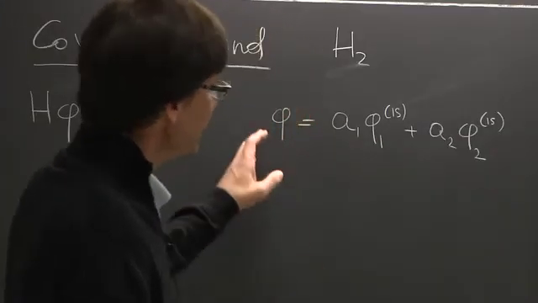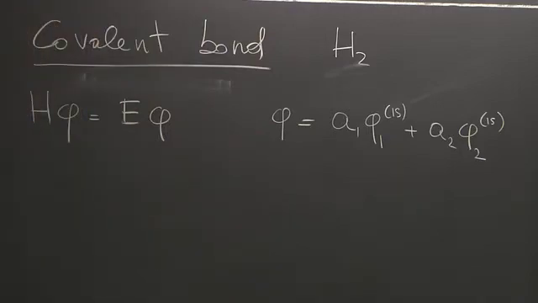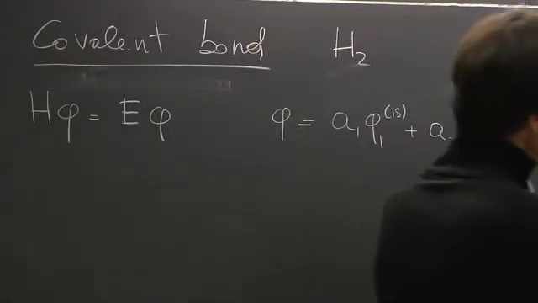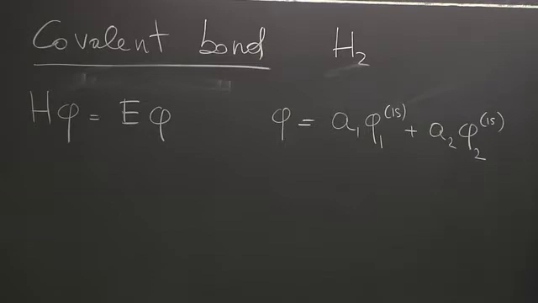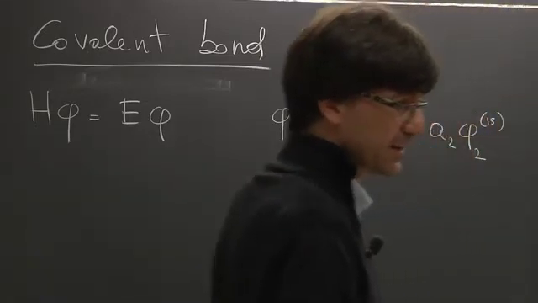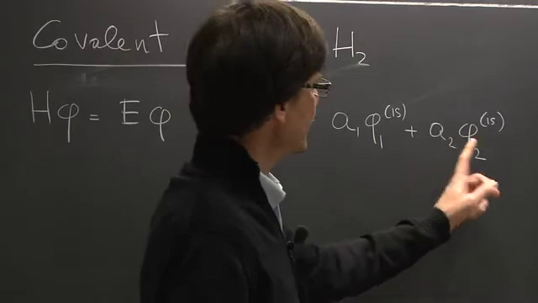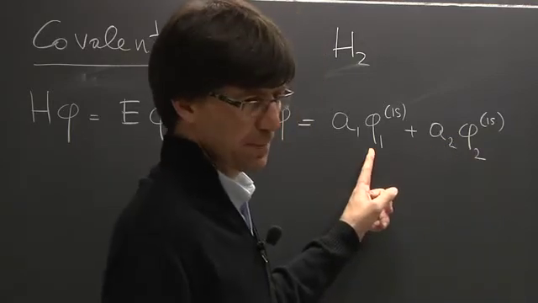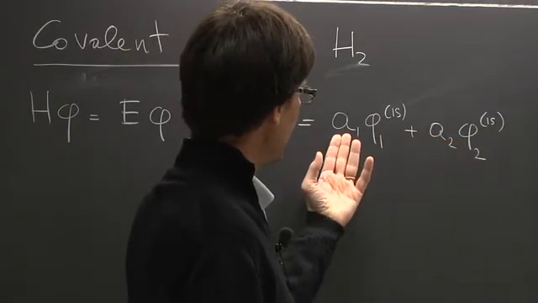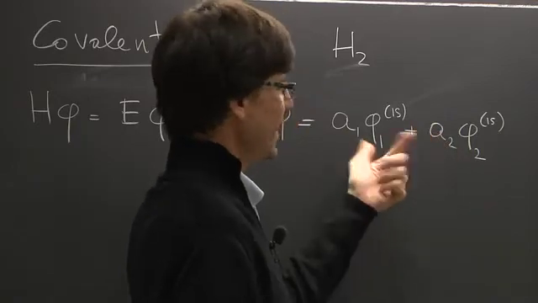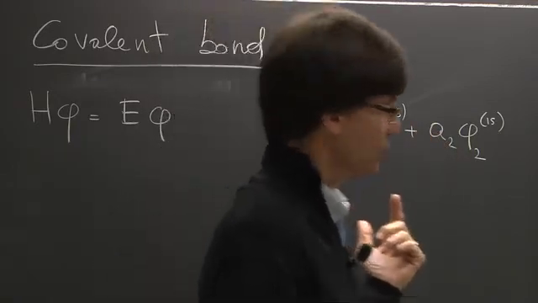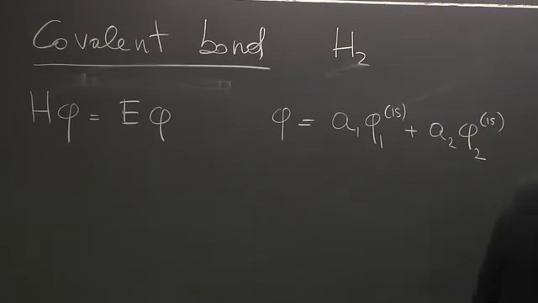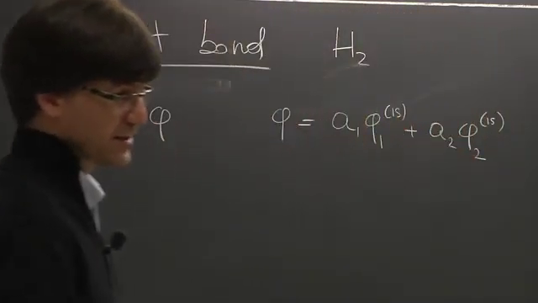But we can tell that this approximation is certainly good in the limit where the two protons are very far apart, because if they are very far apart, we know that the solution is either this or this. So trivially, by having A1 equal to 1 and A2 equal to 0, or vice versa, I can recover the solution in the limit where the two protons are very distant.